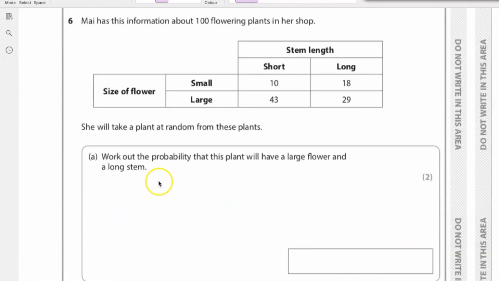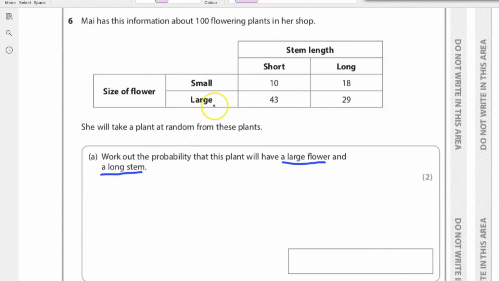Question 6. May has this information about 100 flowering plants in her shop. She will take a plant at random from these plants. Work out the probability that this plant will have a large flower and a long stem.